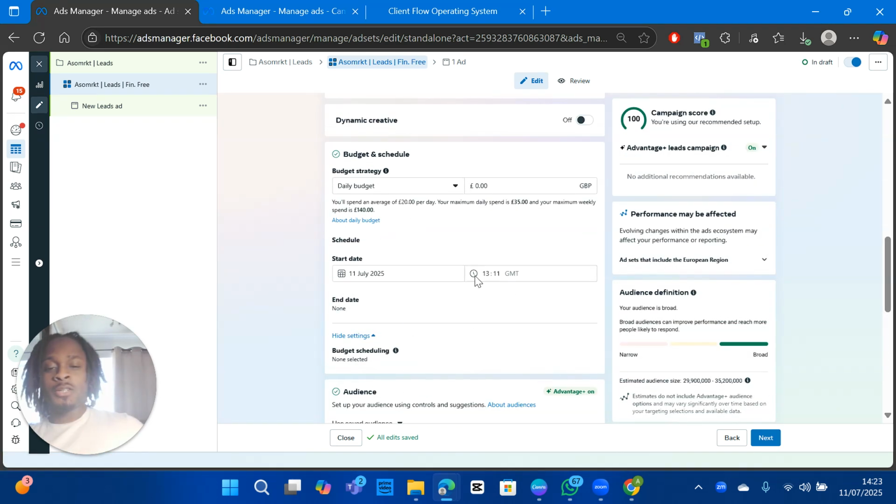So schedule, self-explanatory. Most of the time, let's say now, if I was to post an ad now and it starts at 1 p.m., that's still fine. You've given Facebook enough time to work with what you have. But part of the issue is if I was setting ads up at 9 p.m. and you give it a £50 budget, Facebook's gonna be like, hey, we've got 3 hours to spend £50.